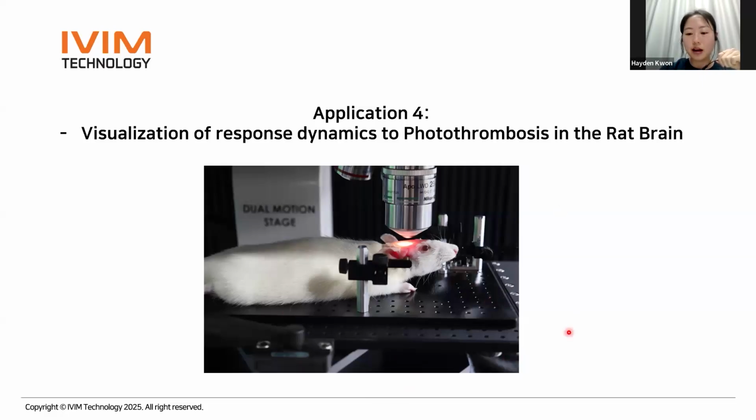However, there is still limited knowledge about how quickly these immune responses occur in vivo. So to address this, we set out to observe in real time the progressive recruitment of immune cells, especially neutrophils, in the brains of live rats after stroke induction.